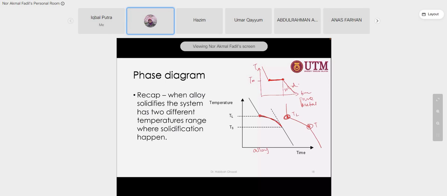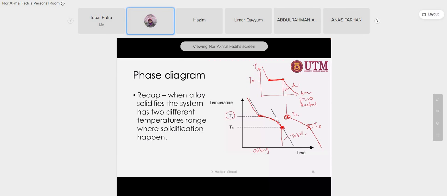So T liquid means that above this temperature it is completely liquid. T solid is a limit where 100% solid is obtained, or completely solidified.